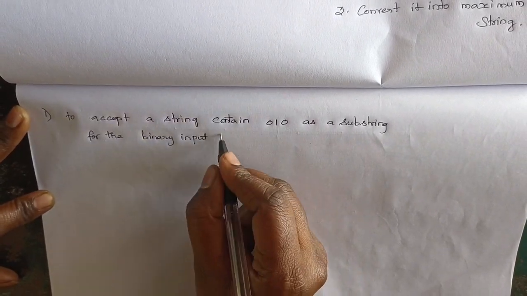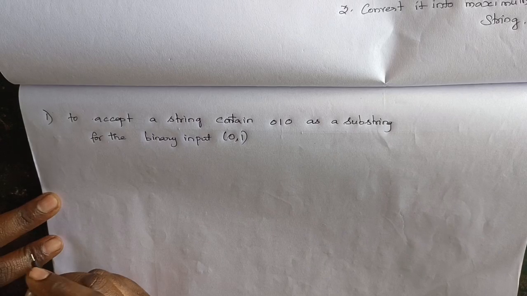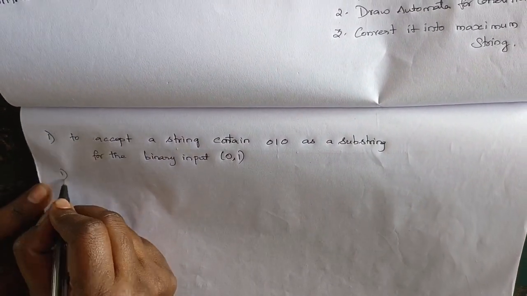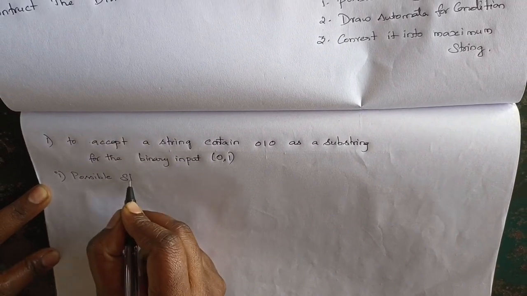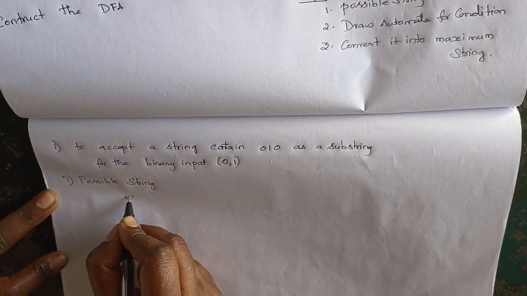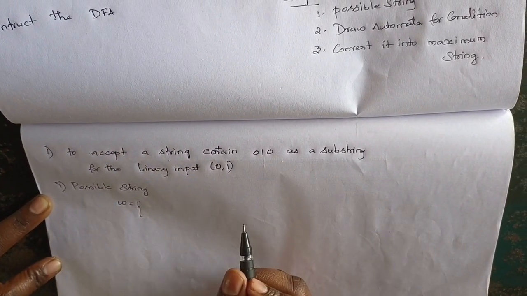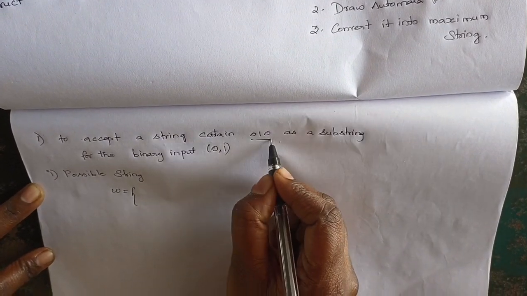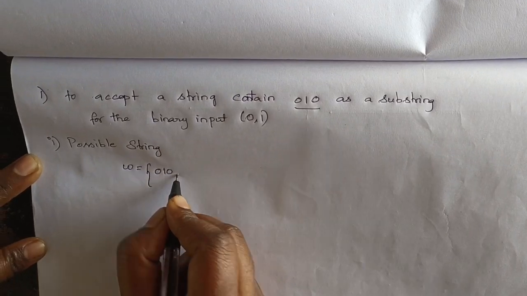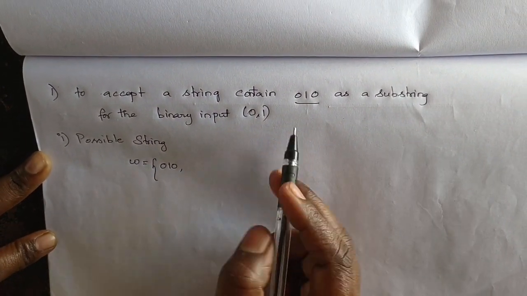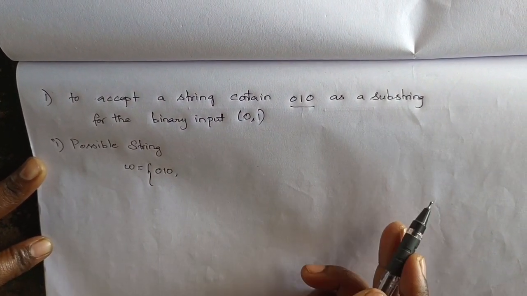The binary input is nothing but 0, 1. The first step is the possible strings. The first possible string is the condition given in the question. Suppose 0, 1, 0 is the first possible one. It is the substring anywhere in the string.